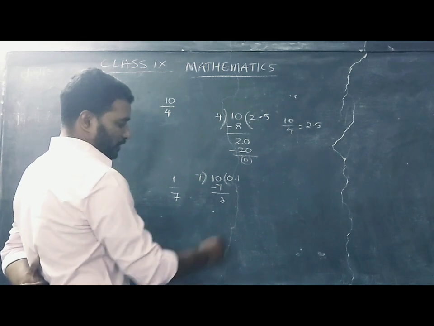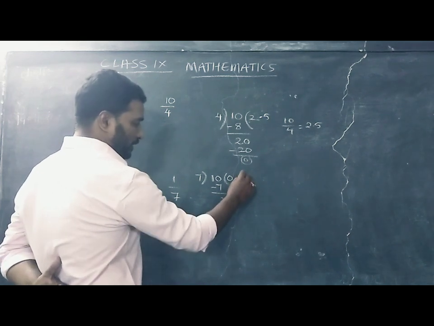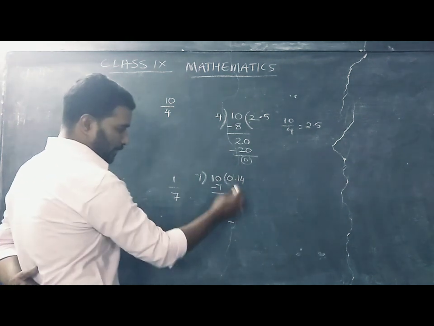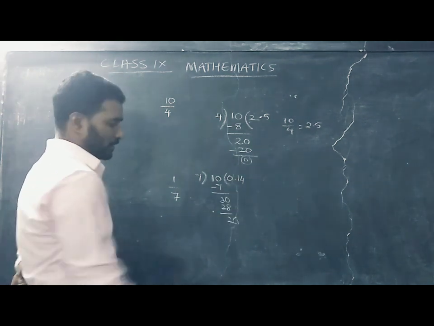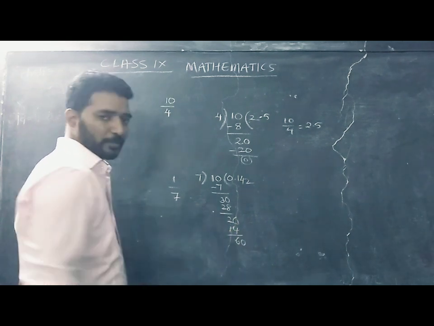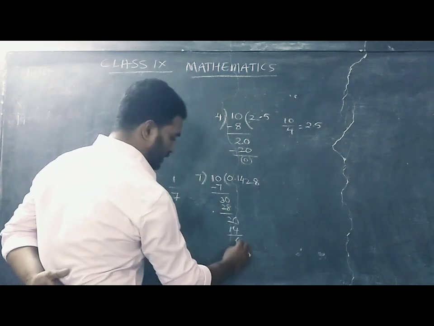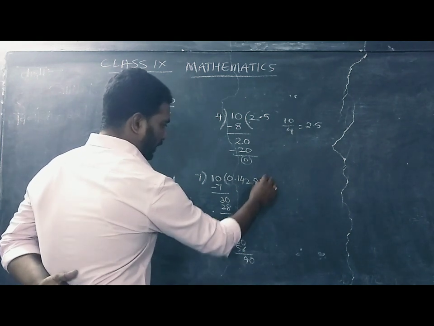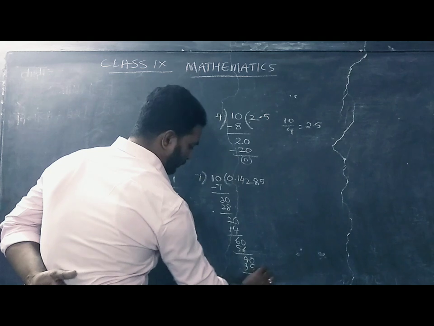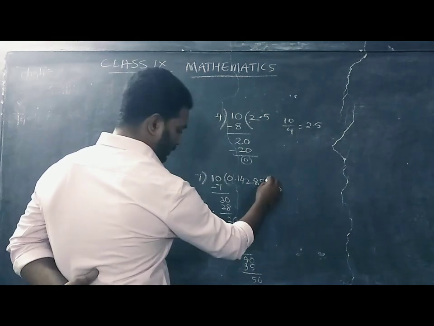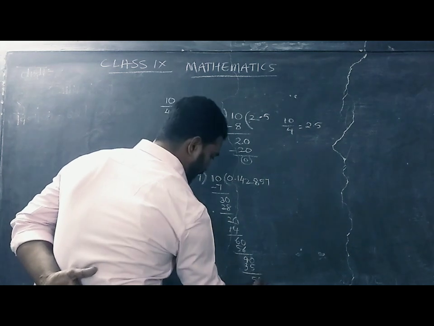By subtraction, the decimal point is already there, so 7 fours are 28 and 2, and we can take 0 again. 7 twos are 14, and 6, again 0. 7 eights are 56, 4, again 0. 7 fives are 35, 5, 0.